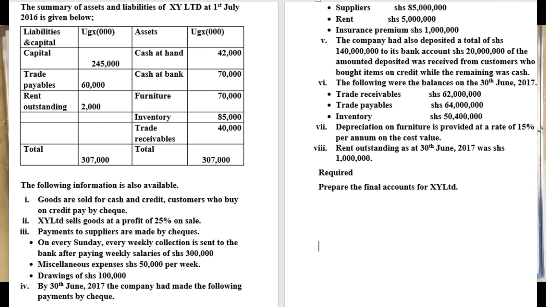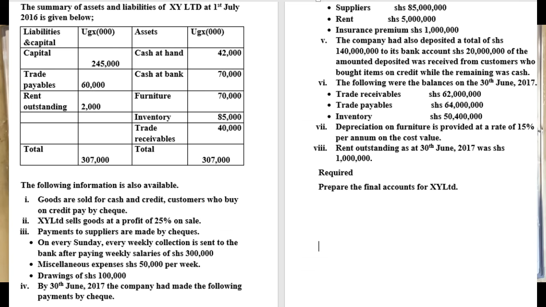By 30th June 2017, the company had made the following payments by check. Suppliers 85 millions, rent 5 millions, insurance premium 1 million. Then they're saying the company had also deposited a total of 140 millions into the bank account, where 20 millions of the amount deposited was received from customers who bought items on credit, while the remaining was cash.